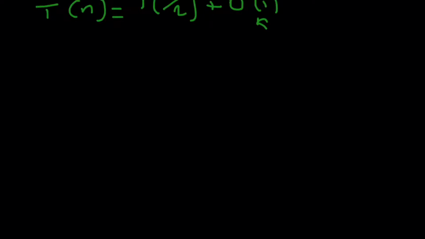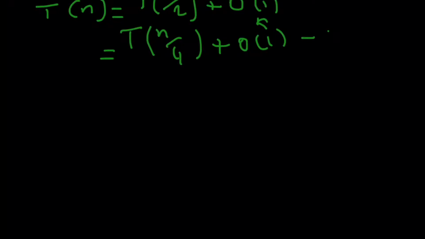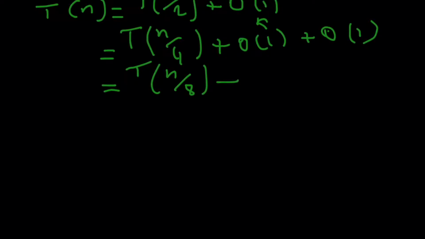And if we go further, this T of n divided by 2 is also T of n divided by 4 plus O of 1 plus O of 1. We can continue doing this further. So it's T of n divided by 8 plus O of 1 like 3 times, okay?